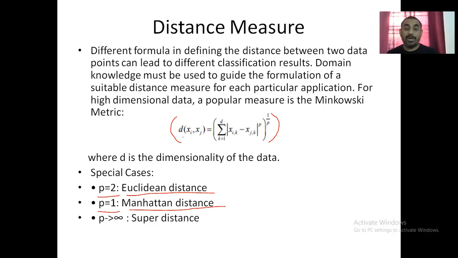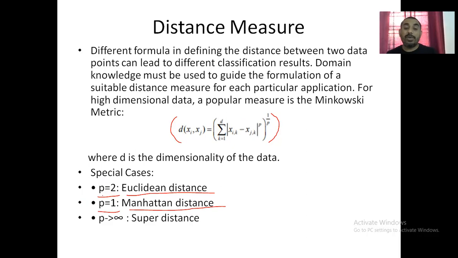This is the formula: d(xi, xj) is the summation of k equal to 1 to d of |xik minus xjk| to the power p, and the whole to the power of 1 by p. On the basis of this parameter p, we can compute different types of distances.